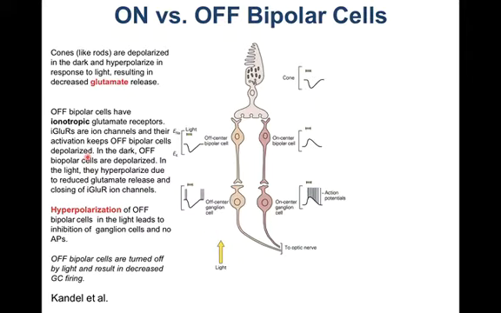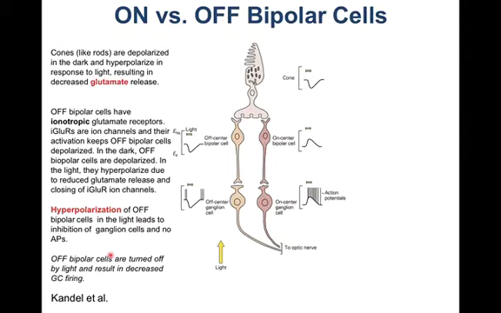In the light, photoreceptors hyperpolarize, decrease glutamate release, decrease iGluR activity, and off bipolar cells in the light will hyperpolarize and reduce glutamate release, which will reduce firing rate in their partner retinal ganglion cell. Okay, so hyperpolarization of off bipolar cells in the light inhibits the firing of action potentials in the retinal ganglion cell. So off bipolar cells express iGluRs, and they're turned off by the light.